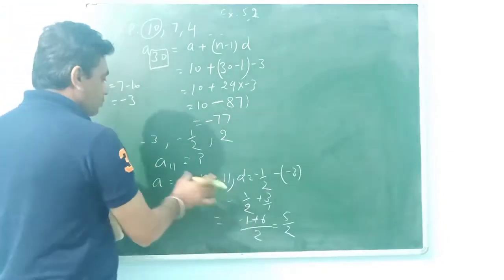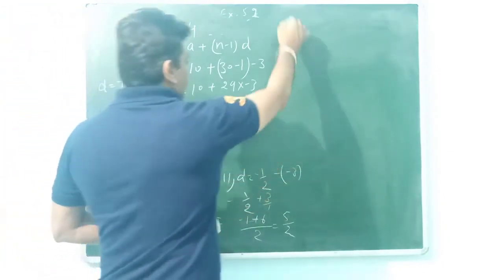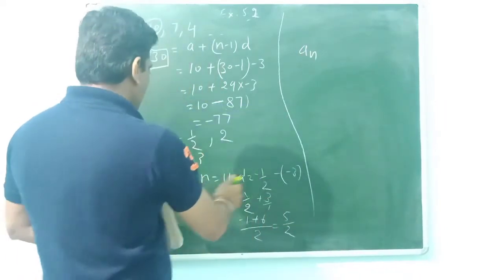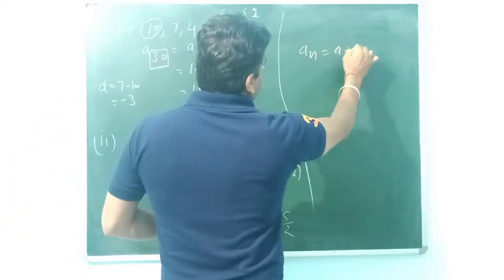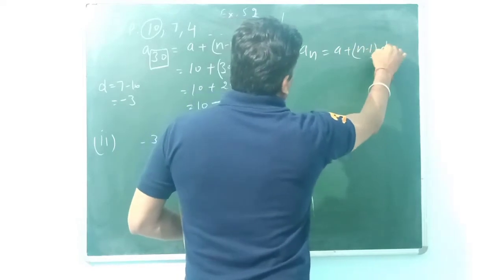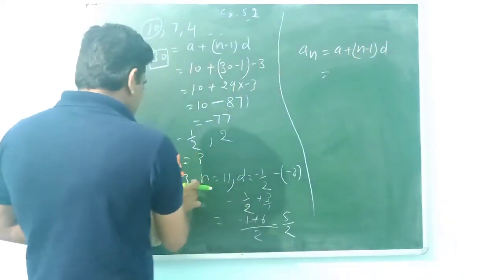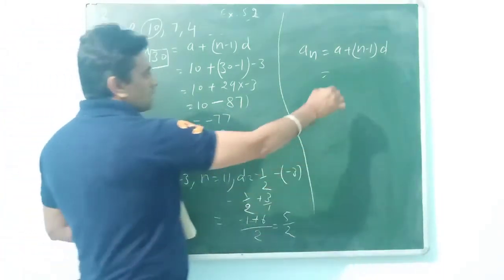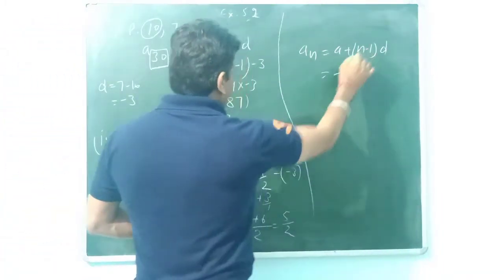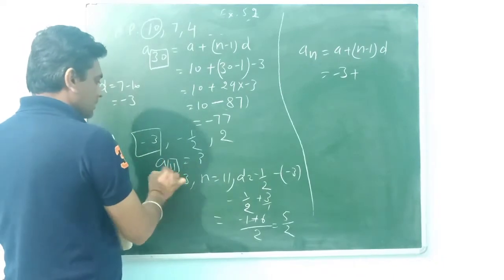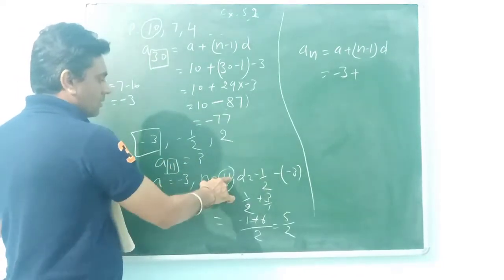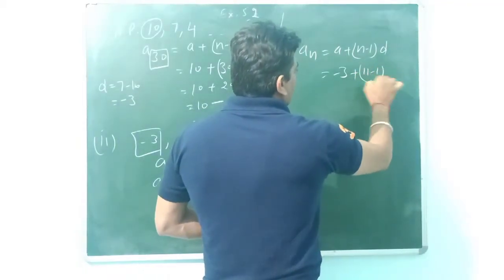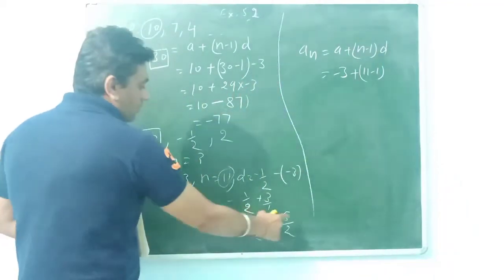When we put these values in An equal to A plus N minus 1 into D, what is it? A is minus 3, plus N is 11, minus 1, and D is 5 by 2.